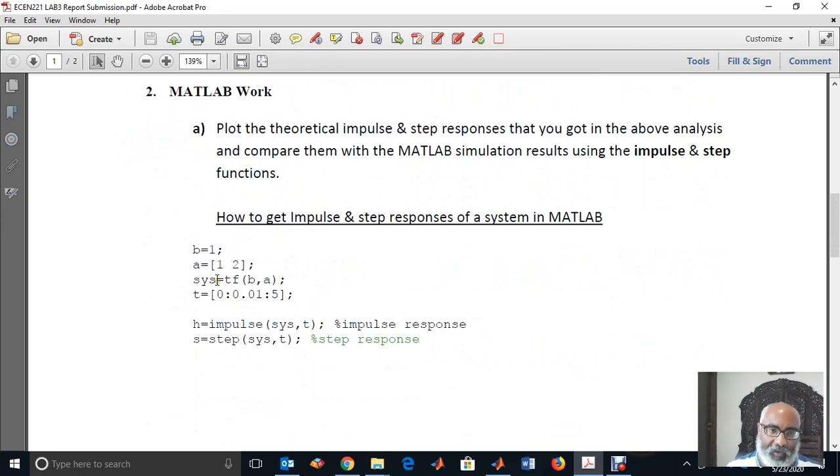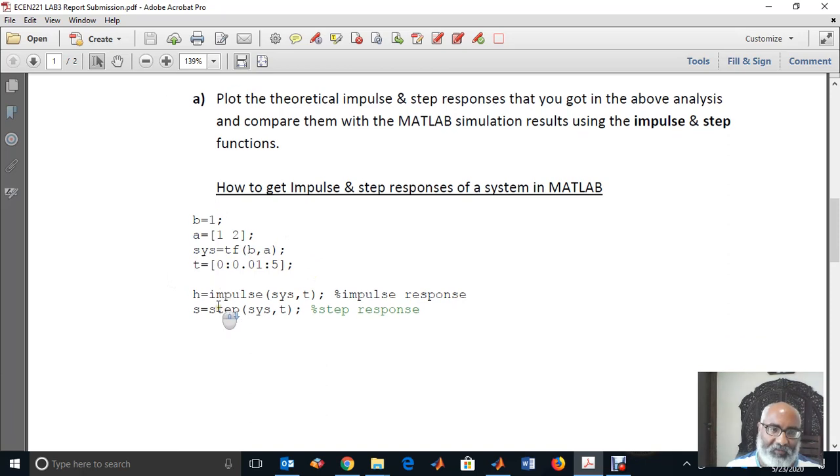This system will be a transfer function between B and A, that is, B, comma A. When you call this, MATLAB will make a system transfer function. After you define that system, you can call the impulse function to get the impulse response of the system and the step function to get the step response of the system.